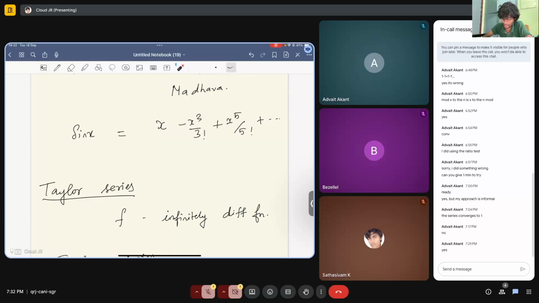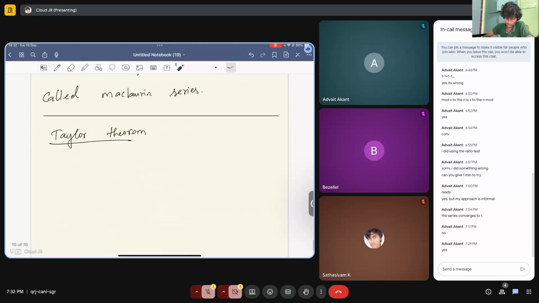But at least the idea that you can see a function as a polynomial is a really nice idea. But anyway, let's move on.